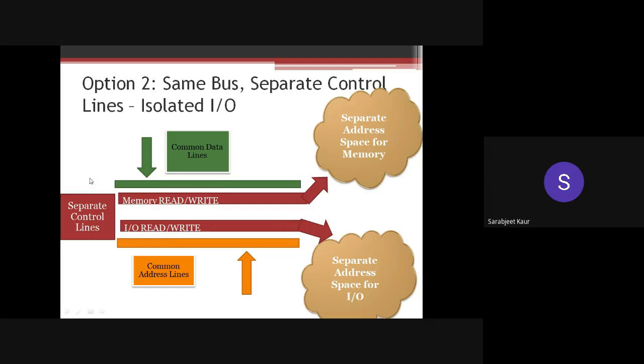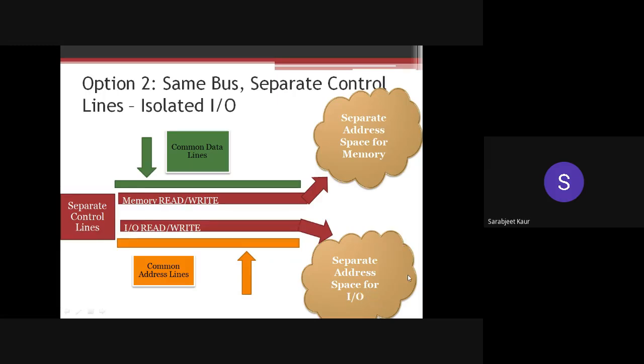So when the CPU puts the data on the data line and puts the address, let's say 100, on the address lines, there may be an address 100 in this address space, that means in the memory RAM, and there may also be an address 100 if there is a separate space for IO.